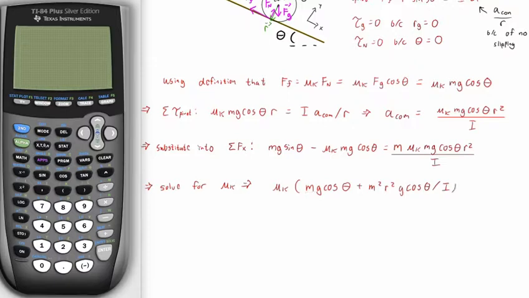Close parentheses, and that's going to equal mg sine theta.